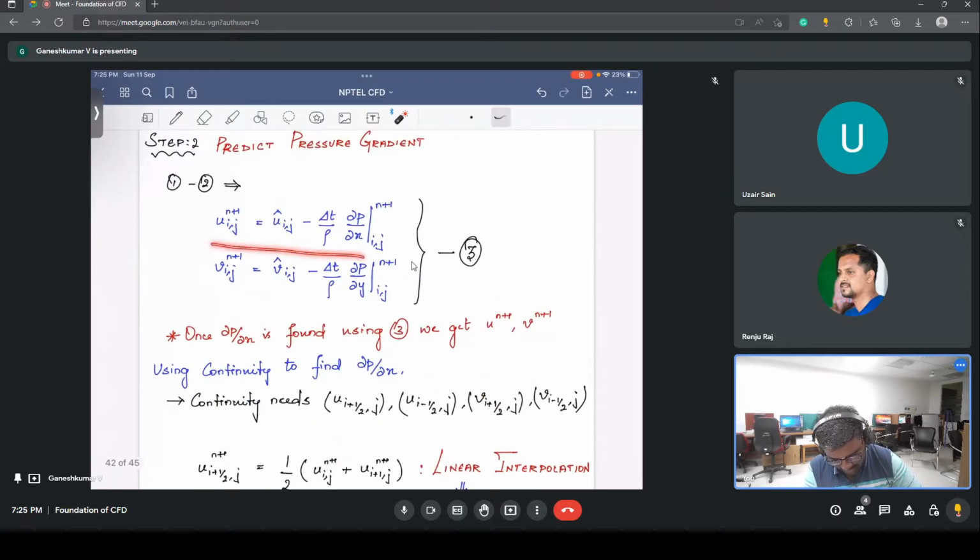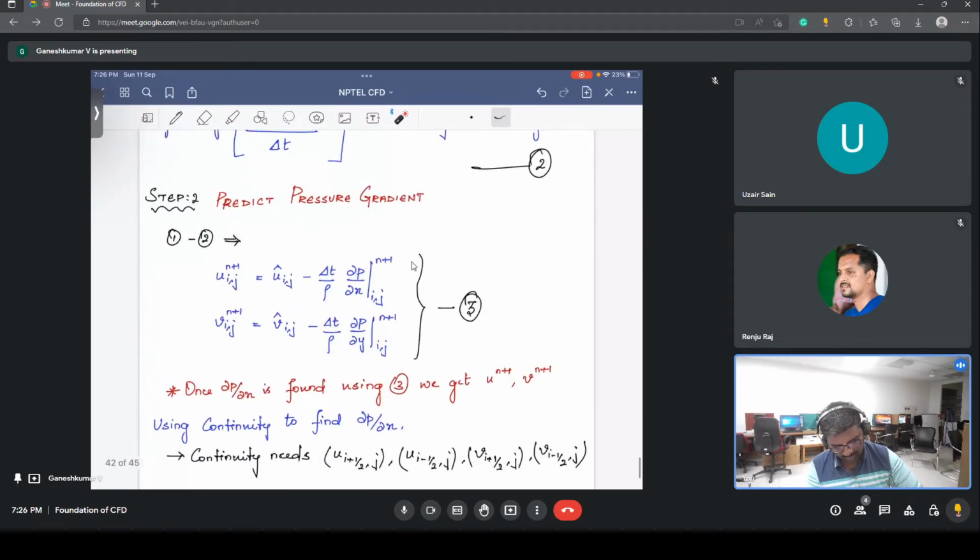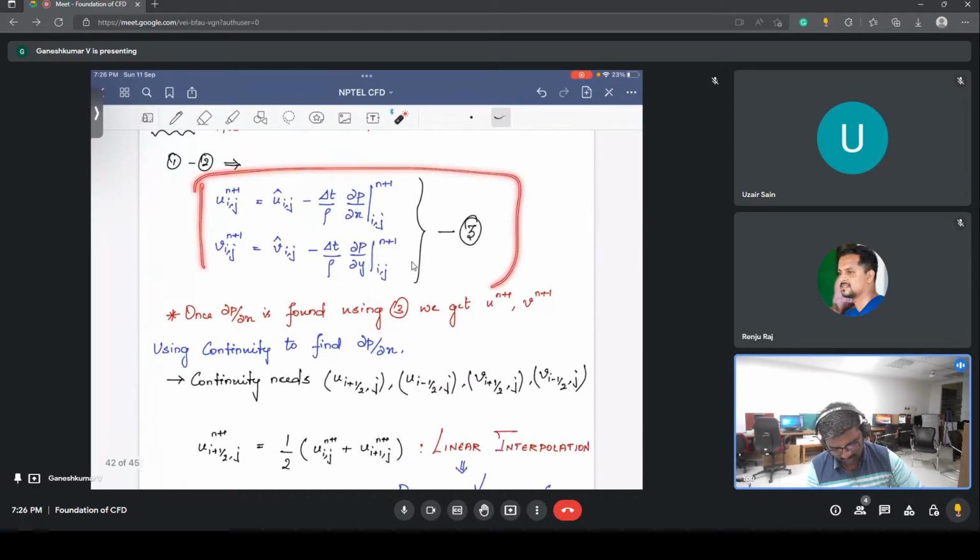You end up with an equation where u at n+1 is the corrected velocity, which is the predicted velocity minus delta t by rho times the pressure gradient at n+1. So it is coming from this equation: this part is dropped, and this rho delta t goes to that side. That's how you end up getting this third equation.